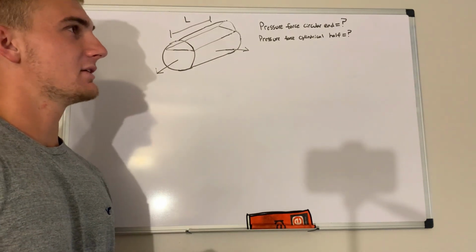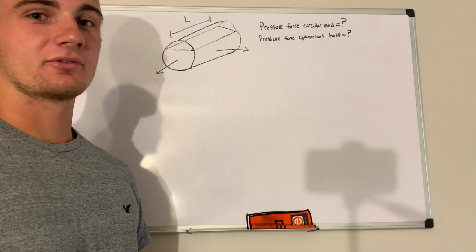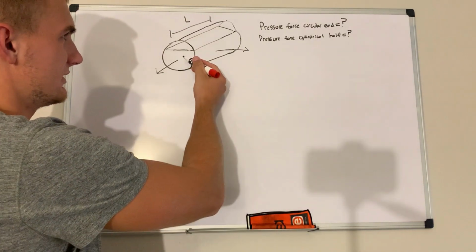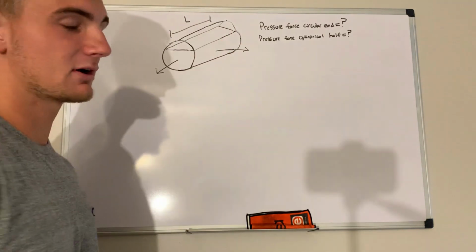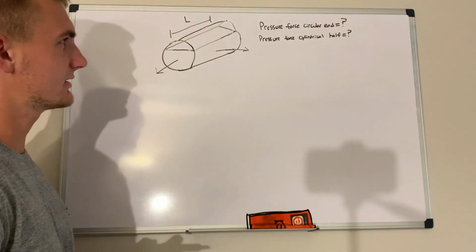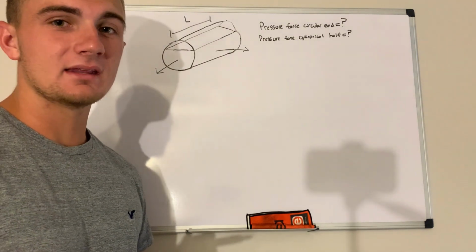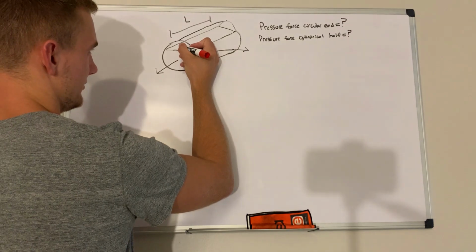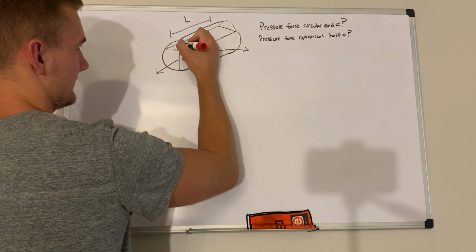First, if we want to take a look at the pressure force that is exerted by the fluid on each of the circular ends of the barrel, what we can do is put in an imaginary plane in the middle of our barrel and split it into two. I'm going to try to draw this as best as I can.